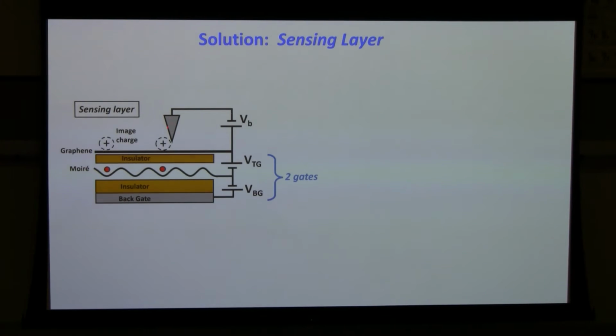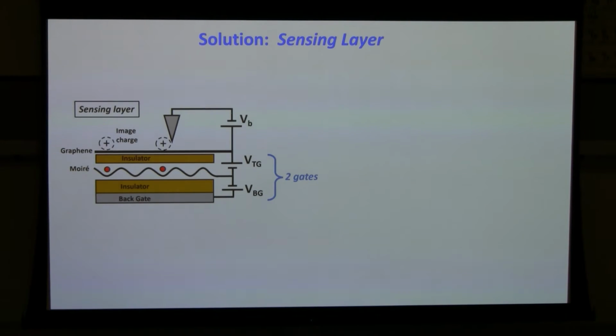So the STM tip will now image the graphene, and we will look to see how the graphene electronic structure changes due to the electrons down here, and that way we can see the electrons underneath, see what they're doing. And another benefit of this graphene is that it's going to help screen out the electric field of the tip. Not completely, but enough so that the tip does not destroy the Wigner crystal underneath it.